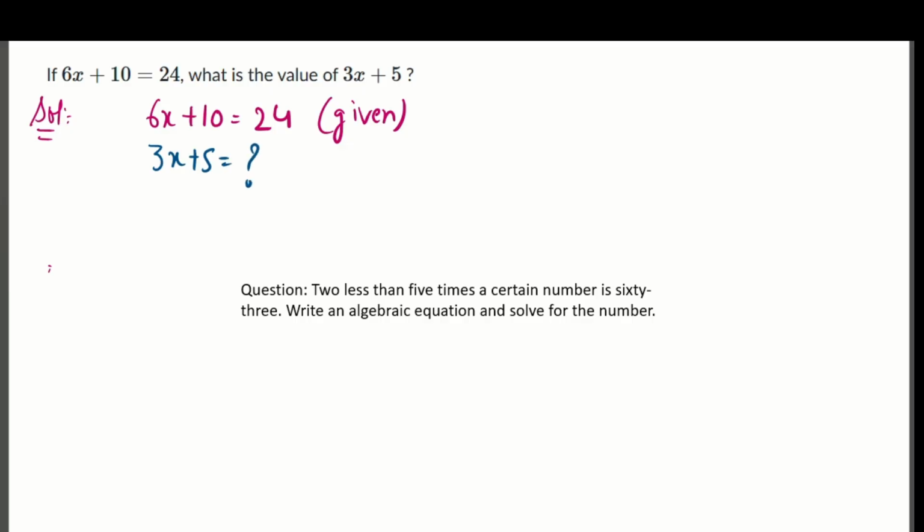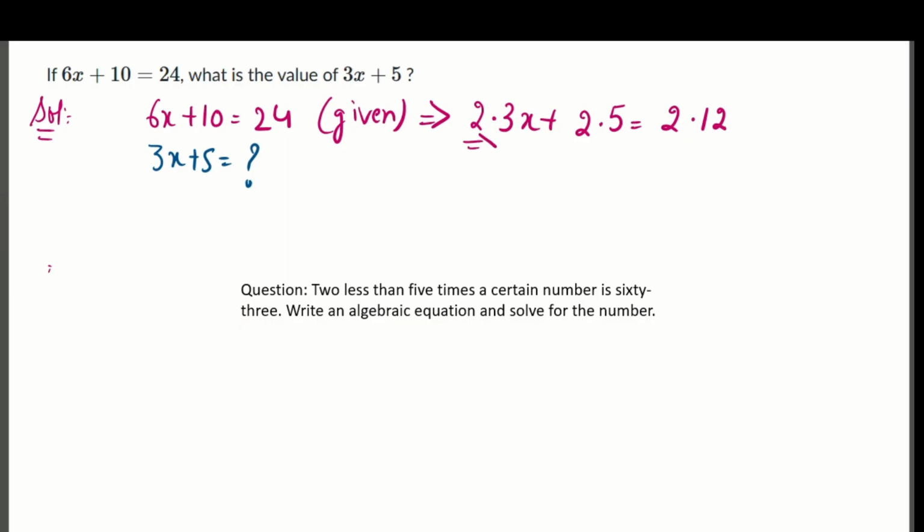So we are going to do one thing. What can we keep common from this equation? You can write it like this: 2 multiply 3x plus 2 multiply 5 is equal to 24. 2 multiply 3x is 6x, plus 2 multiply 5 is 10, is equal to 24.